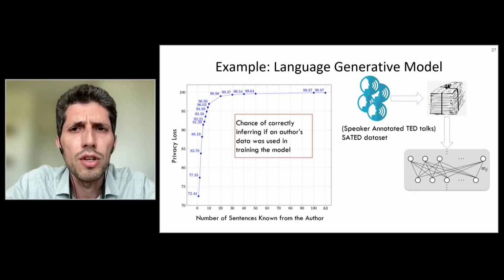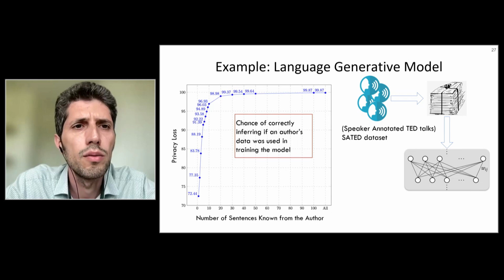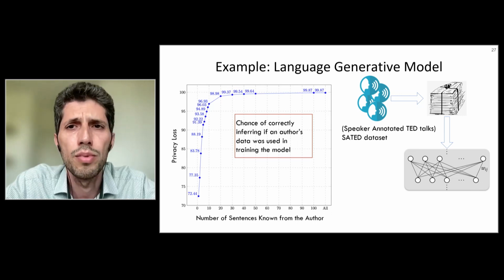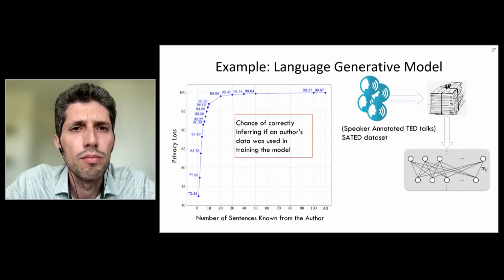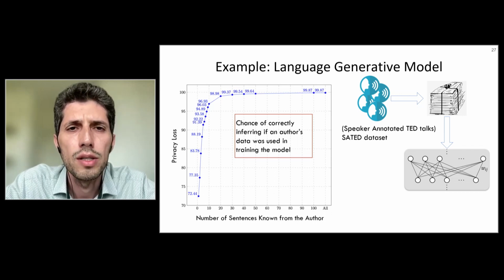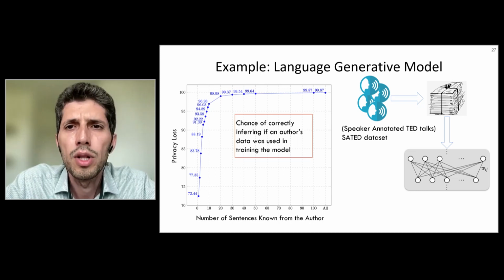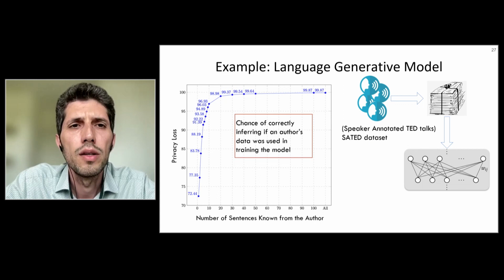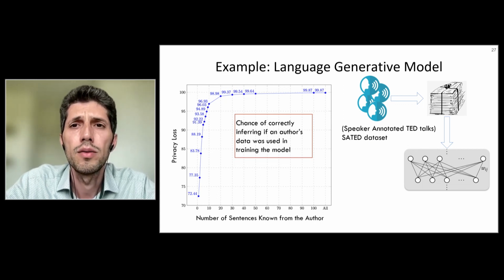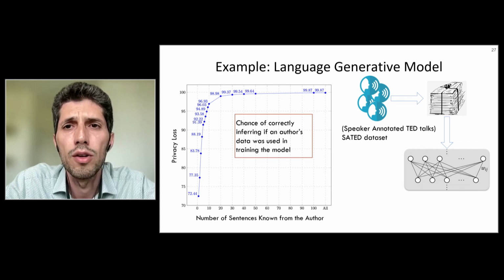There are many examples of applying this tool in different contexts. So, for example, of course, this is not a sensitive data set, but this is the TED Talks, annotated speeches, and the tool can enable you to measure how much is the risk of identifying the presence of certain documents in the training set, given how many sentences you already know about that document, right?